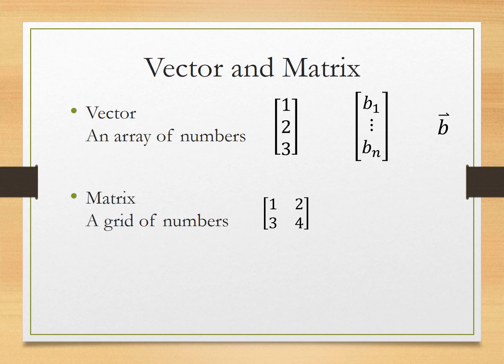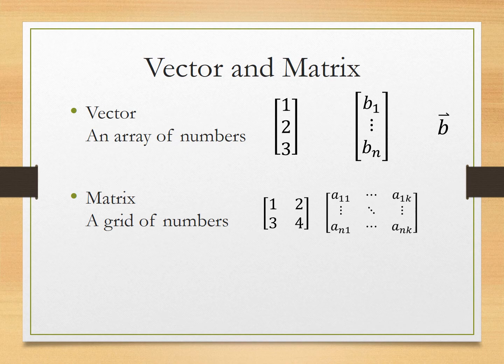A matrix is a grid of numbers. For example, in this case, you can see that the first row has numbers 1 and 2. The second row has the numbers 3 and 4. The first column has numbers 1 and 3. The second column has the numbers 2 and 4. So there's a grid of numbers. You can have more than 4 numbers.